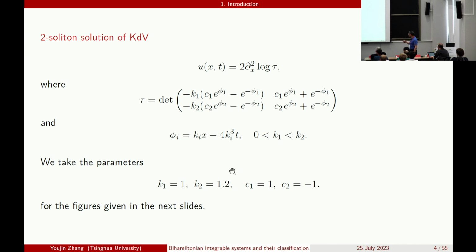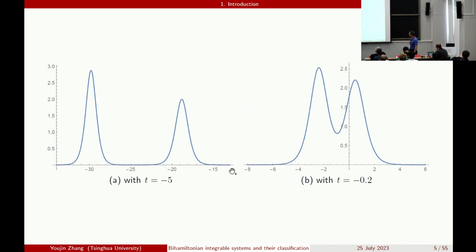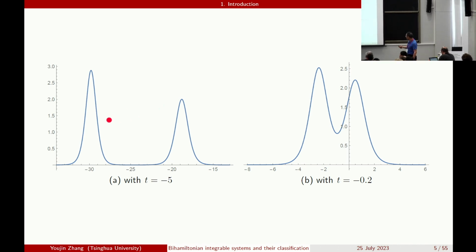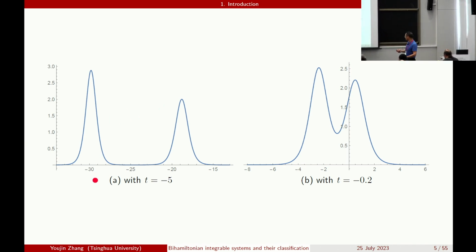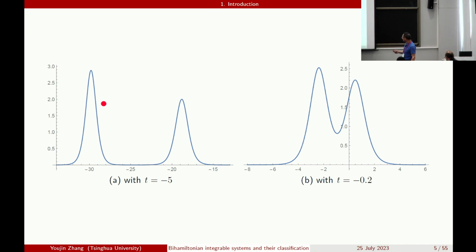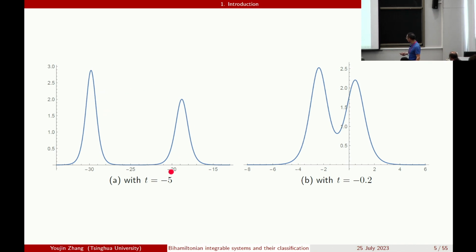If we draw the picture of this solution, at time t equals -5 we have these two solitary waves. The high one, with high amplitude, travels toward the right at a speed which is proportional to the amplitude, so it travels faster than the second one.